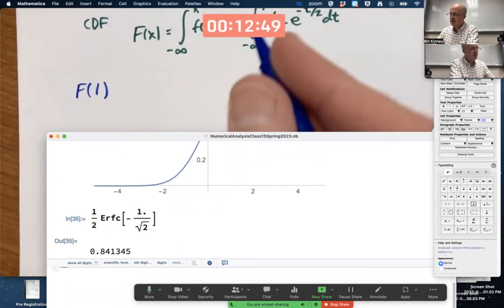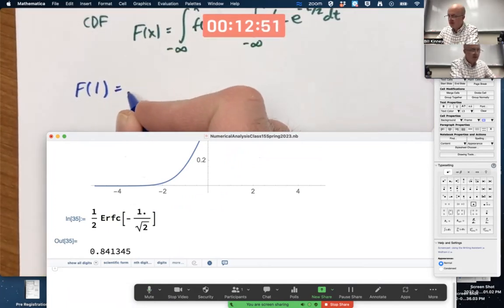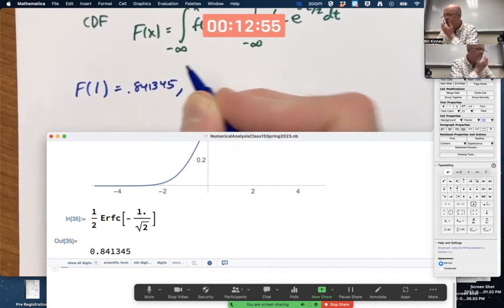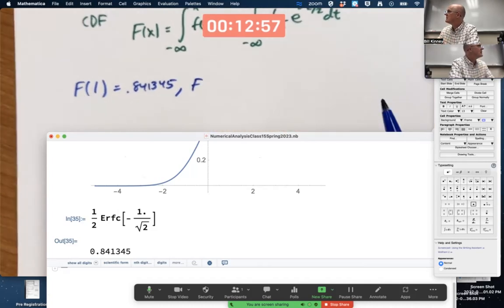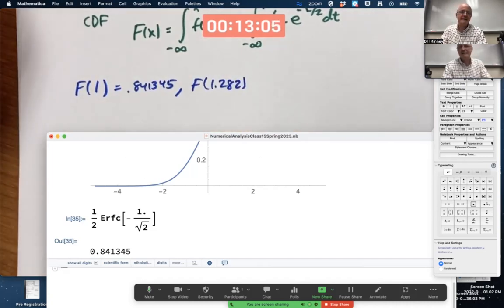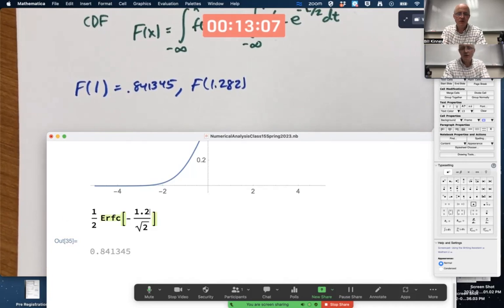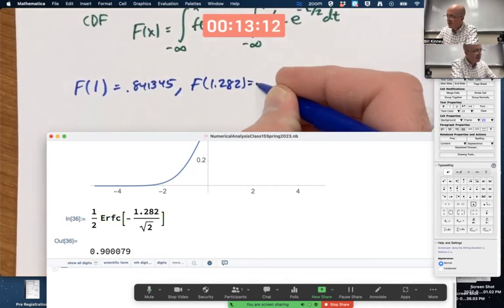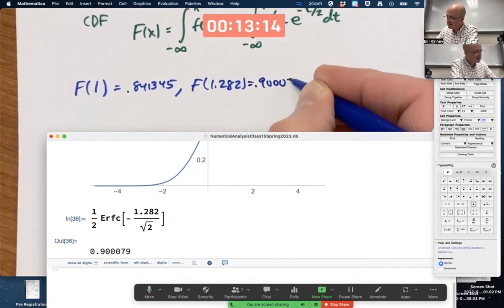Okay, let's go ahead and use more decimal places: 0.841345. These are going to be our nodes that we're going to use for interpolation here. Capital F of 1.282, let's see what that is. Again, 1.282, pretty close to 0.9: 0.9000079.